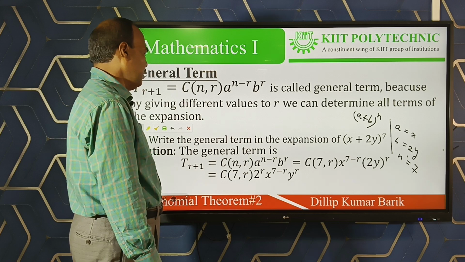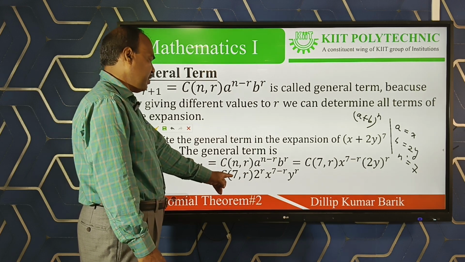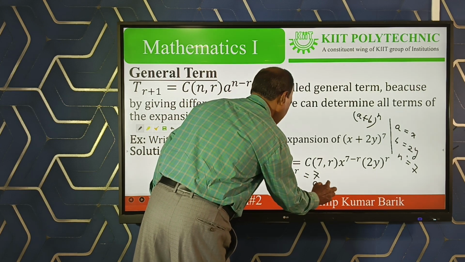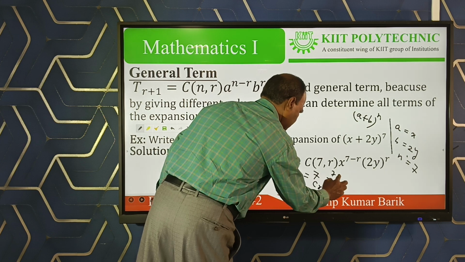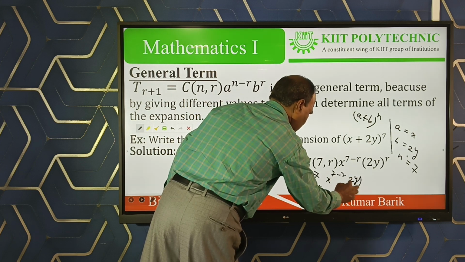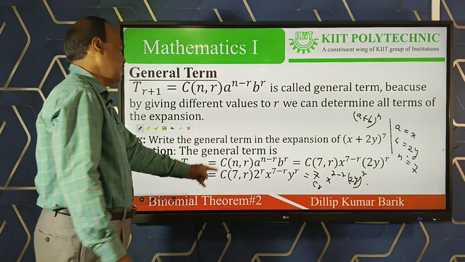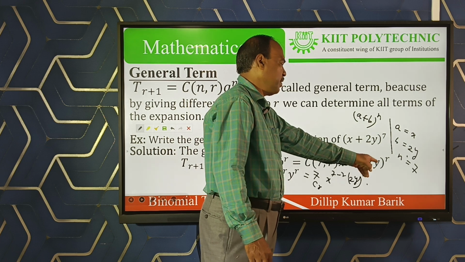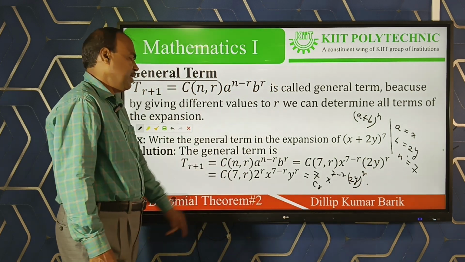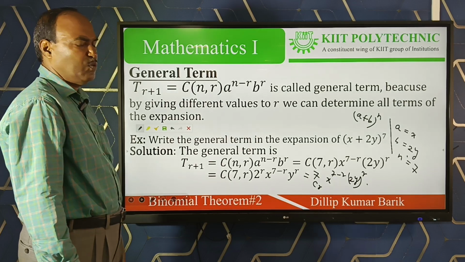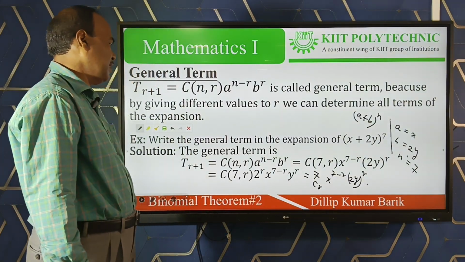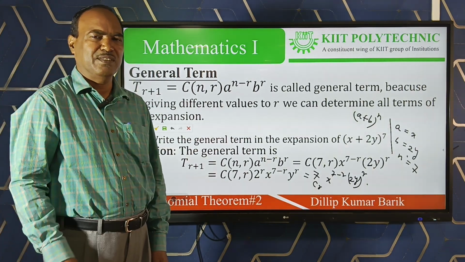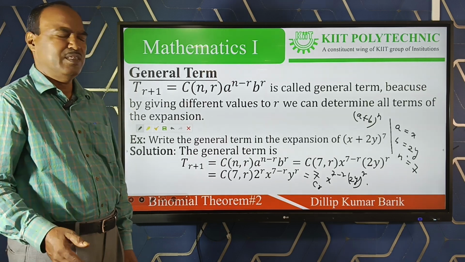After simplification, you can write 7Cr x to the power 7 minus r and (2y) to the power r. This is the general term. After expansion, taking the powers individually, 2 to the power r and y to the power r, the final answer is 7Cr 2 to the power r x to the power 7 minus r y to the power r. Similarly we can find the general term of any expansion.